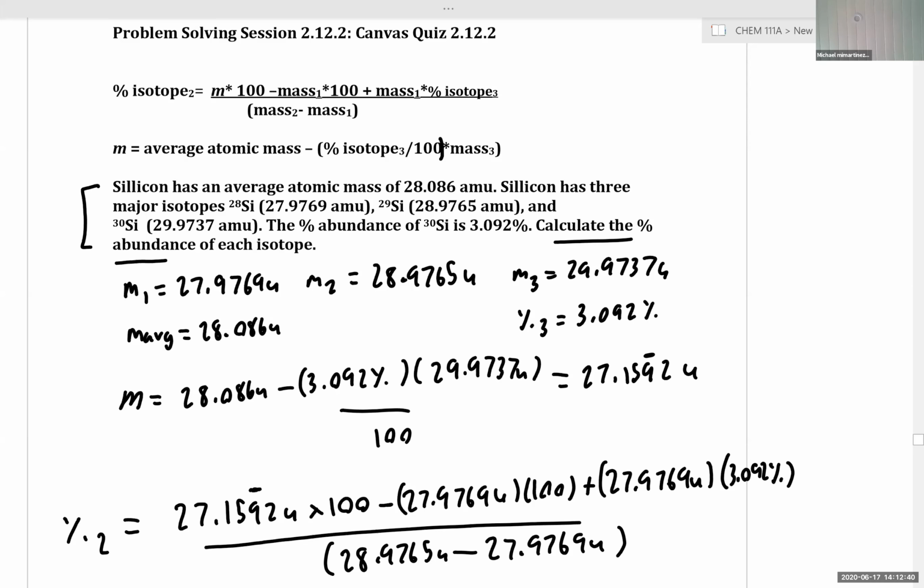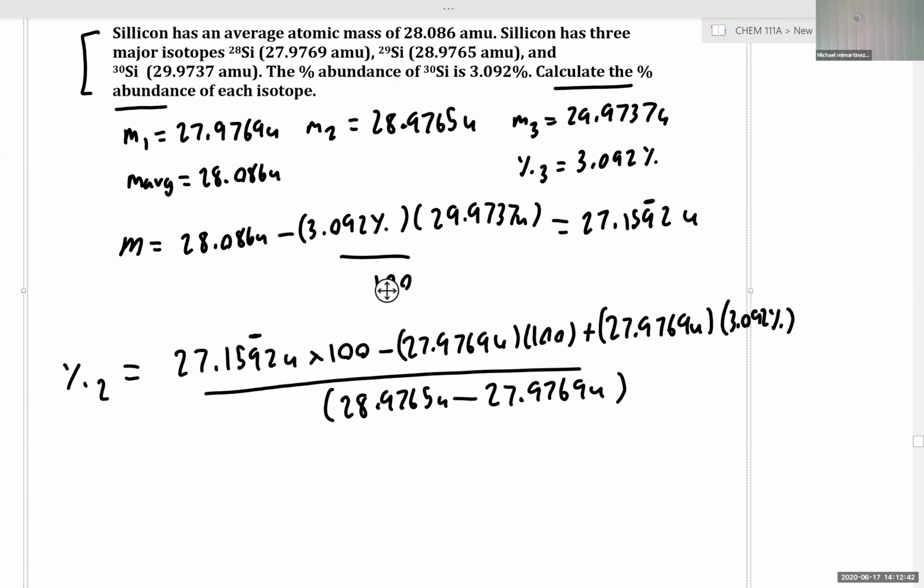So now all we have to do is punch this into our calculator, assuming our calculator is reliable. And for most scientific calculators, this should be no problem whatsoever. So let's deal with the top portion first.